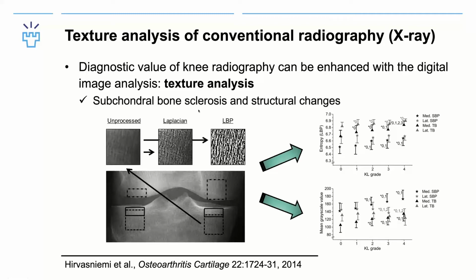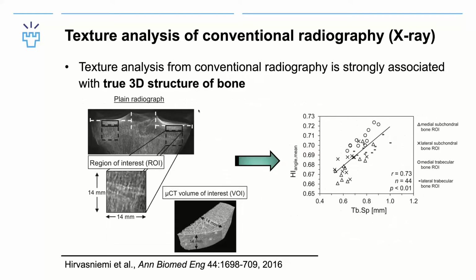We saw an association of these texture parameters, which basically means that we saw changes in bone structure from this X-ray. We also showed later that texture analysis from this two-dimensional radiography is strongly associated with the true three-dimensional structure of bone. Bone is a three-dimensional structure, and an X-ray is a two-dimensional projection, basically a summation of all the structure that comes into the X-ray beam.